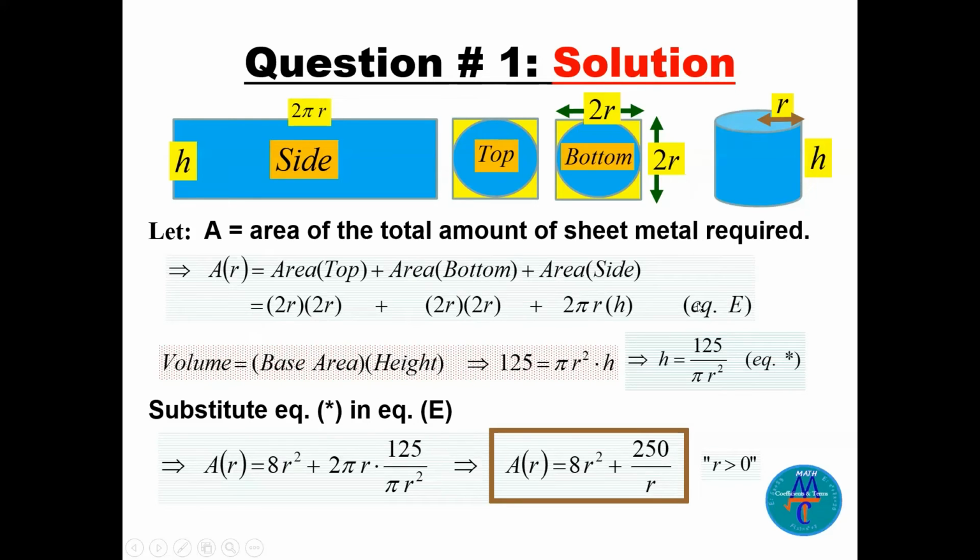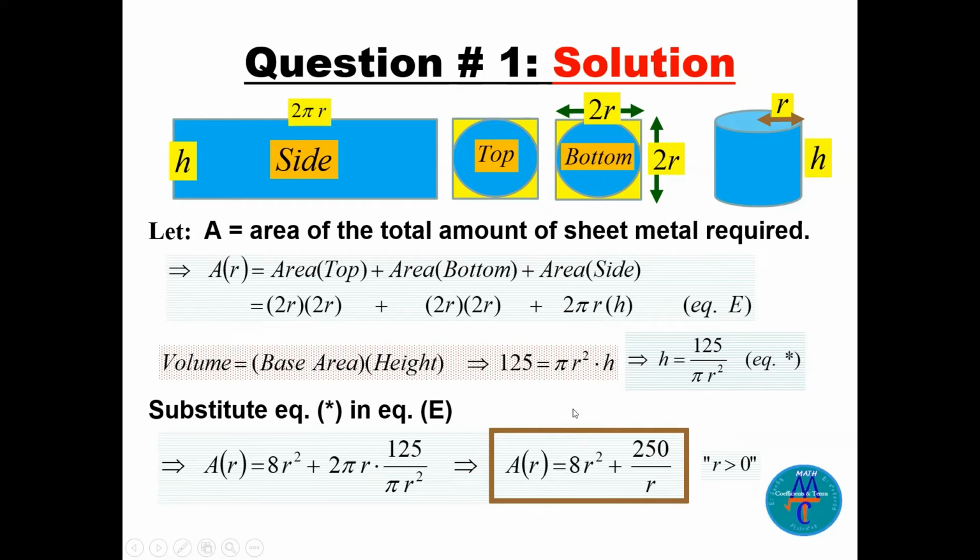Substitute equation star in E, and we will get the function area A of r. So this is like a normal function, f of x. It will be 8 r squared plus 250 divided by r, when you cancel the pi, cancel the r, and multiply 2 times 125. So this will be the function.